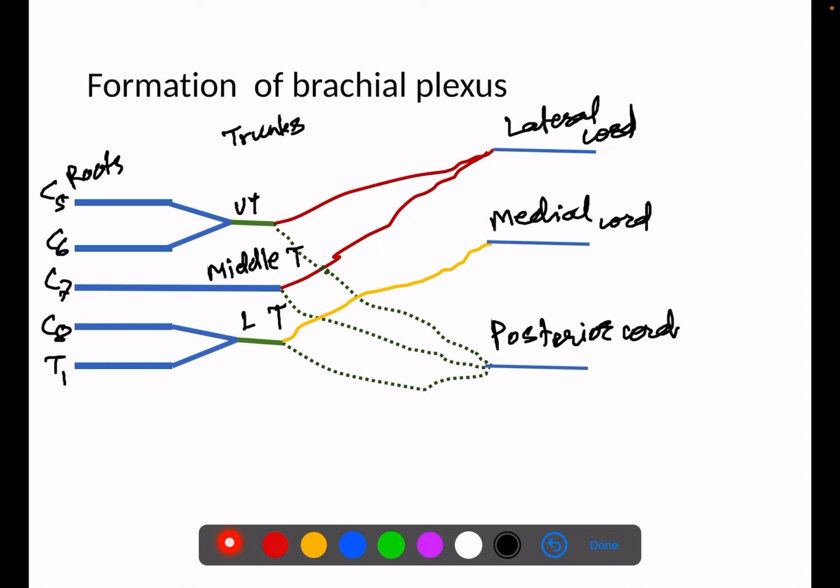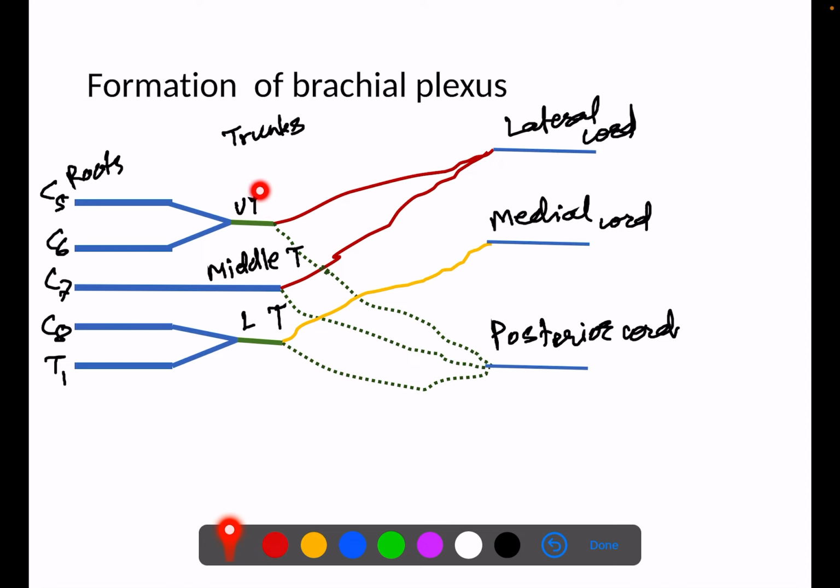So this is the formation of the brachial plexus. I repeat, the brachial plexus is formed by roots C5, C6, C7, C8 and T1. C5 and C6 join to form the upper trunk. C7 continues as the middle trunk. C8 and T1 join to form the lower trunk. Now each trunk divides into an anterior division and a posterior division.